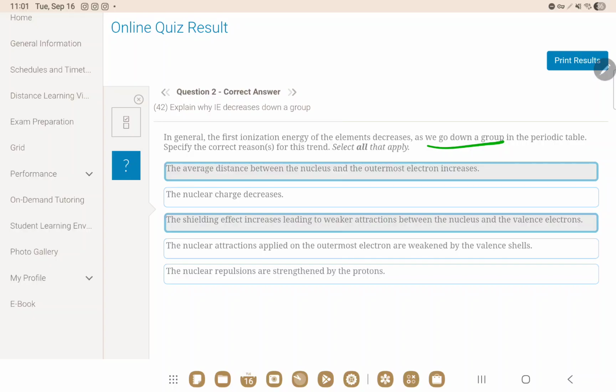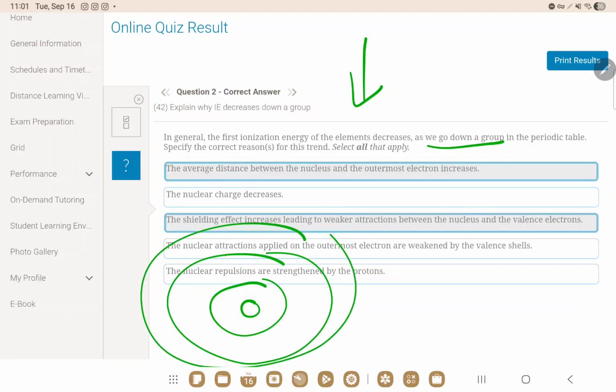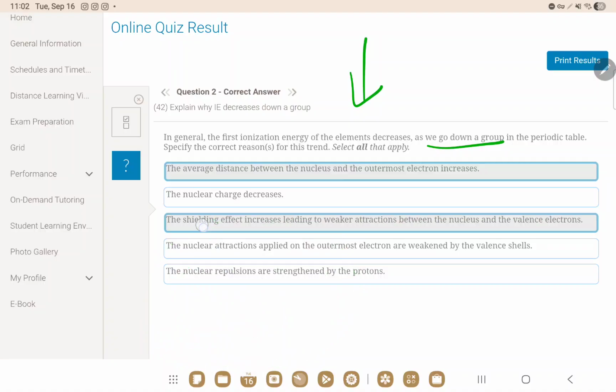Why will it decrease? It is because when we go down a group, the number of electrons significantly increases and the number of shells increases. When you have more shells, they get more and more away from the nucleus. If this is your nucleus, of course it's going to lose an electron from here way more easily than here, since it's way further away. So the average distance between the nucleus and the outermost electrons increases?